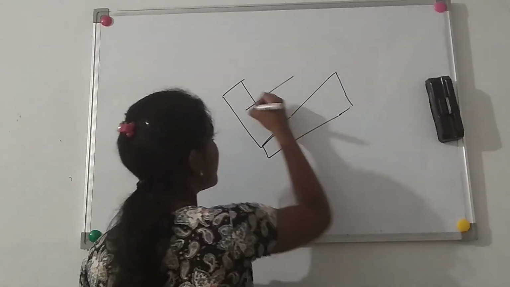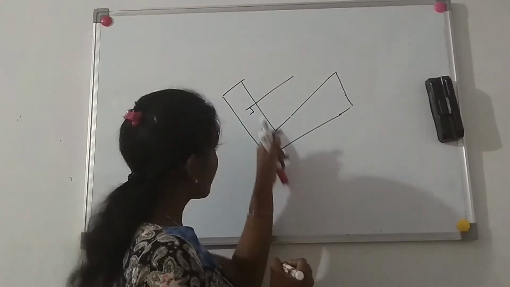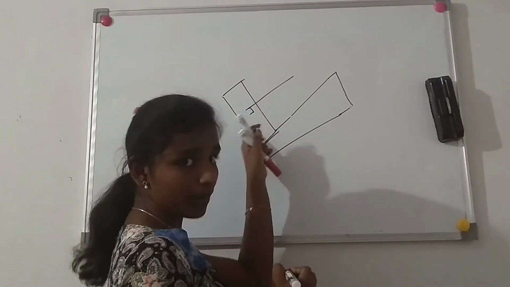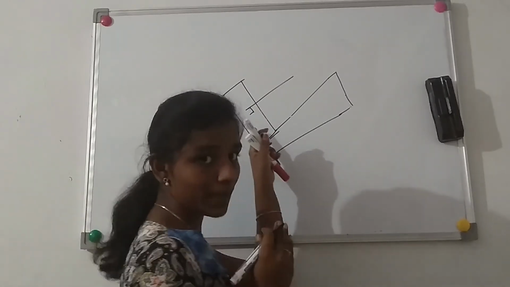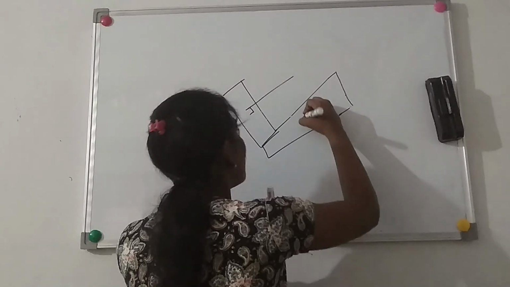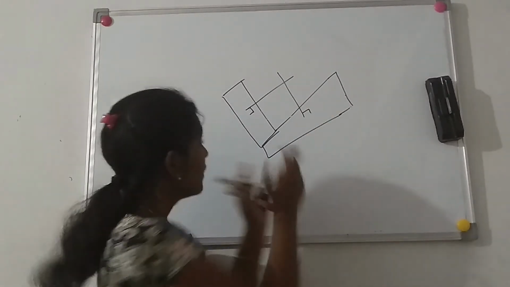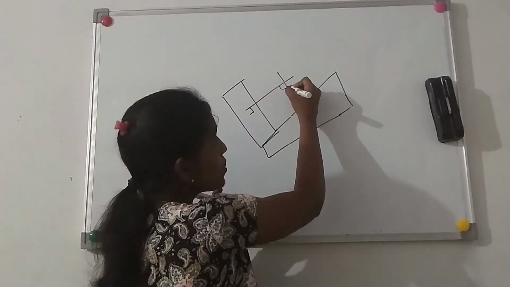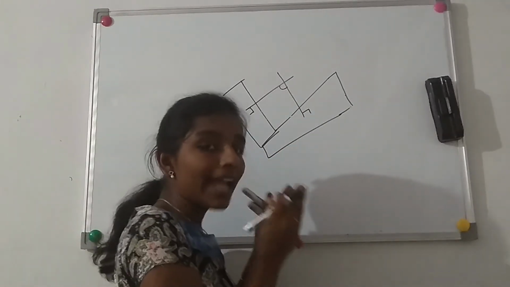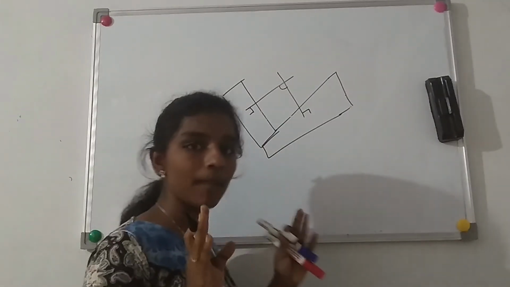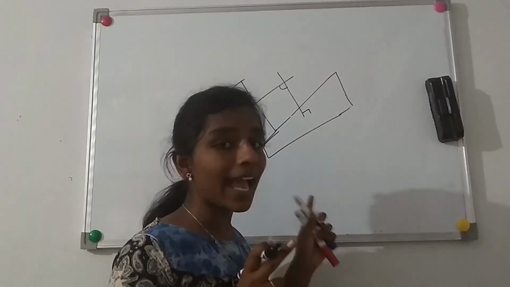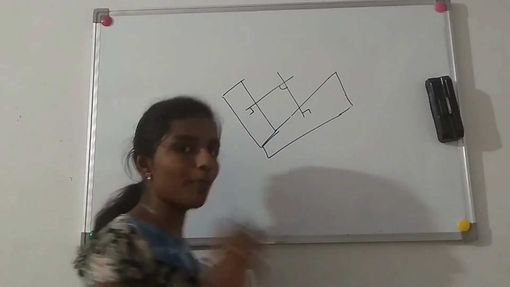If this is the normal that is perpendicular to this plane, the normal of this plane, sorry, and if this is the normal of this plane. Now, the angle between these two normals will be the angle between the two planes. Okay. Now, how do you find that angle? There's a small formula for that too.